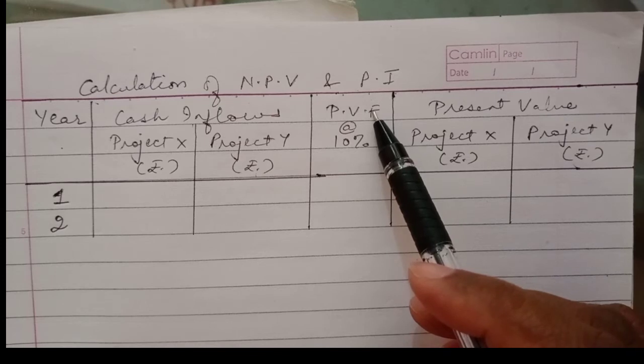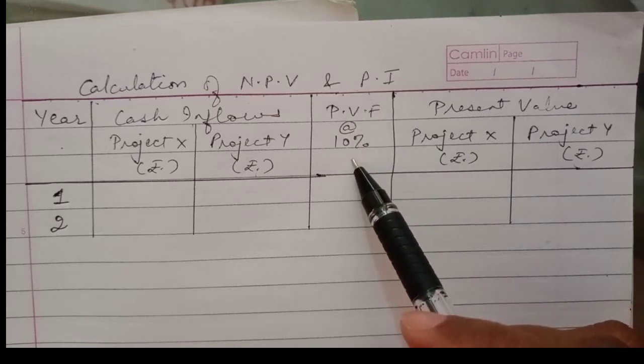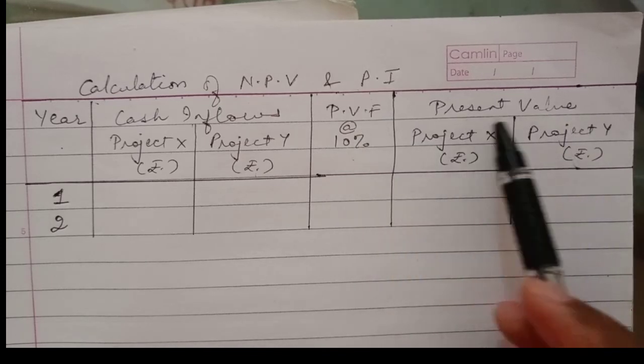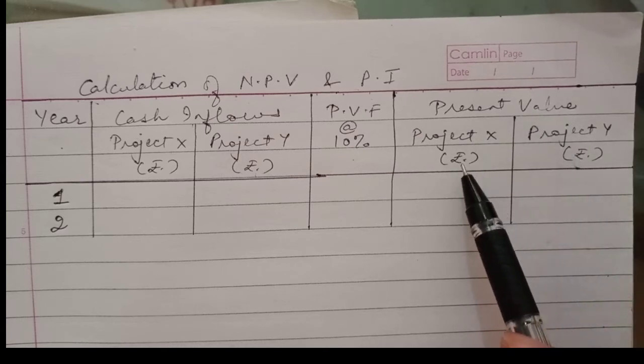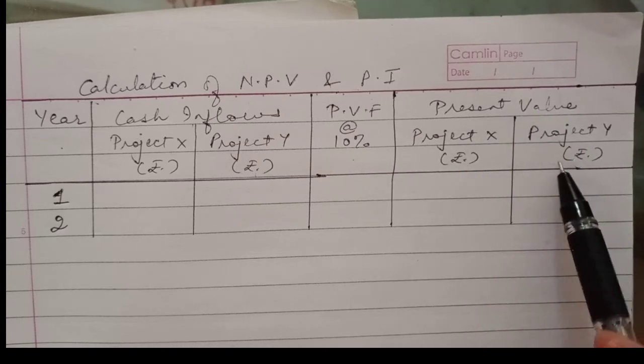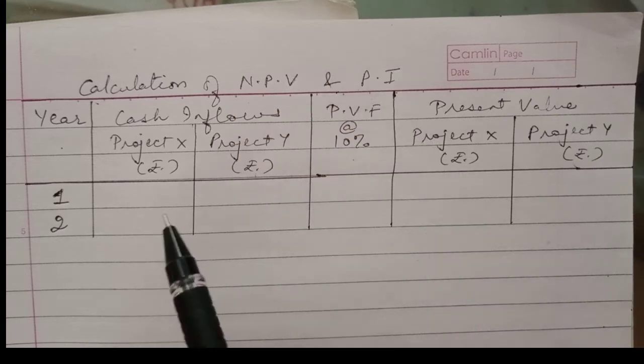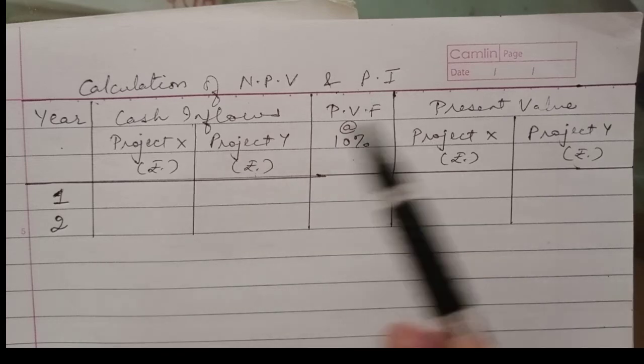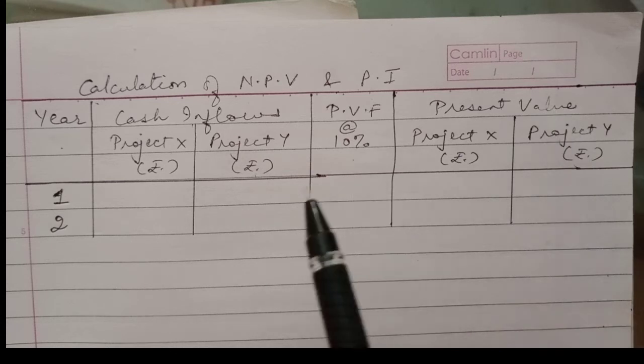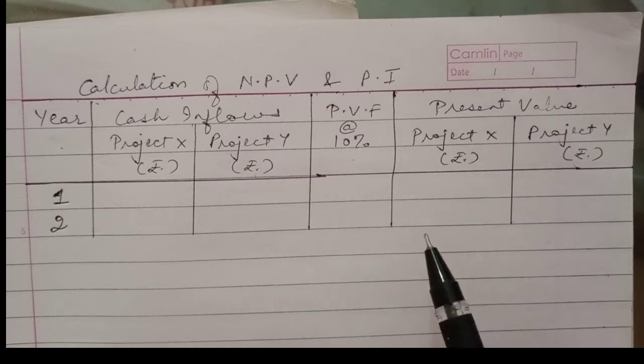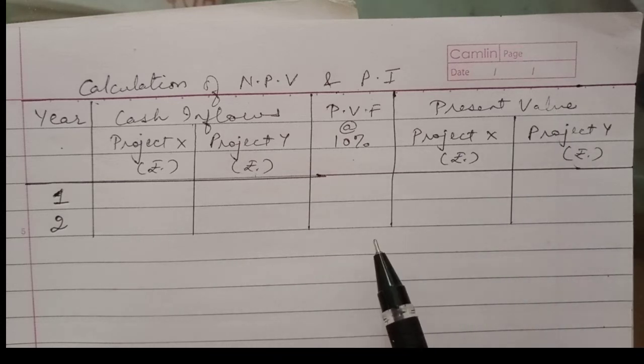Then present value factor at 10%. Then the next column will be present value, project X rupees, project Y rupees. You can calculate this separately for project X and for project Y, and even in this combined way you can solve the problem for both the projects.